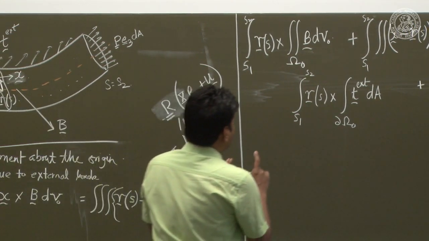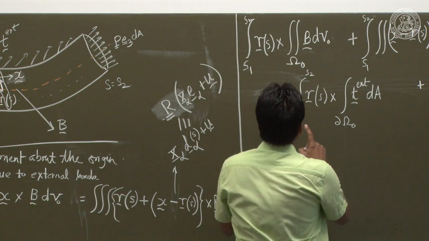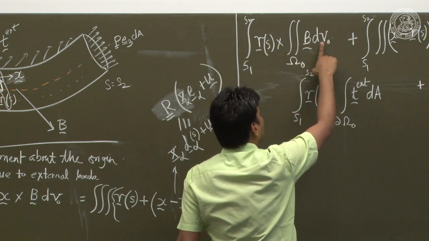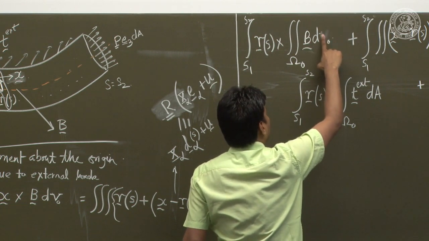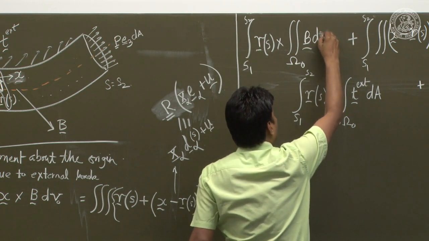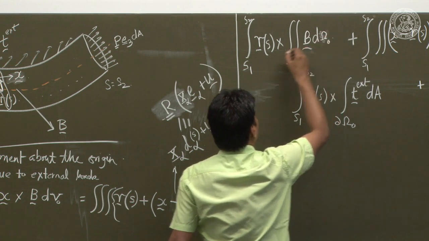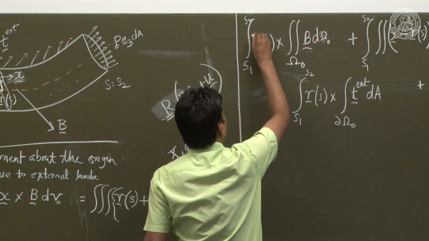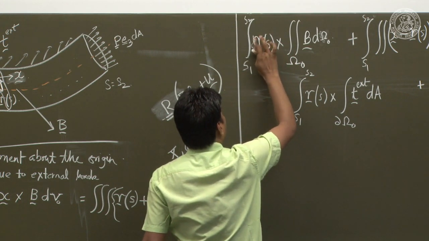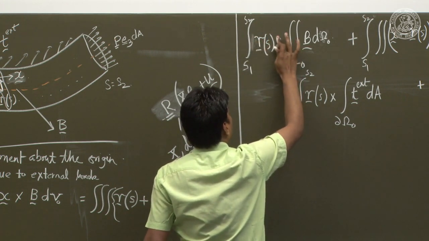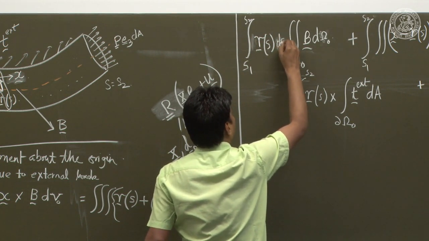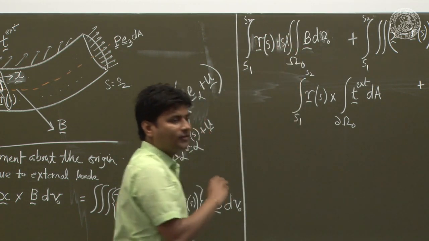And then you can further, as I am dividing this integral, this dv naught becomes the integral over omega naught, and here you have ds. Okay, rs ds cross.